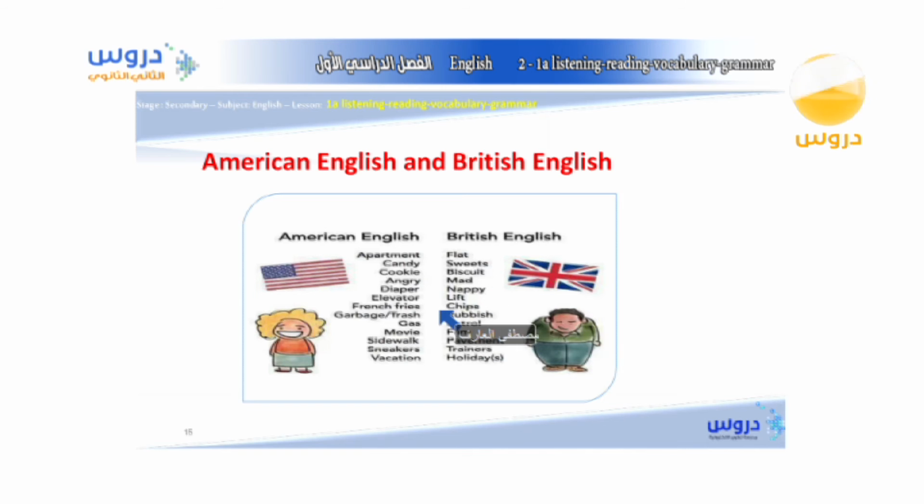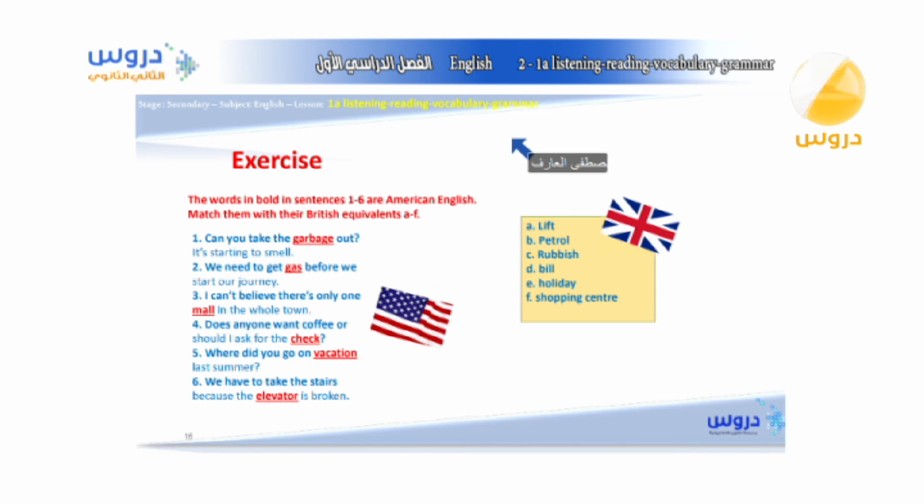And angry, they say mad. Diaper, nappy. Elevator, lift. French fries for chips, and garbage or trash for rubbish, gas for petrol, movie, film, sidewalk, pavement, sneakers, trainers, and vacation, holiday. These are some of the differences in the words between the American and the British English.